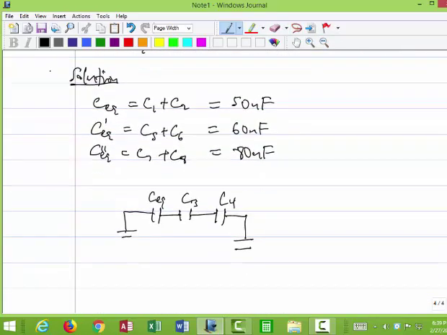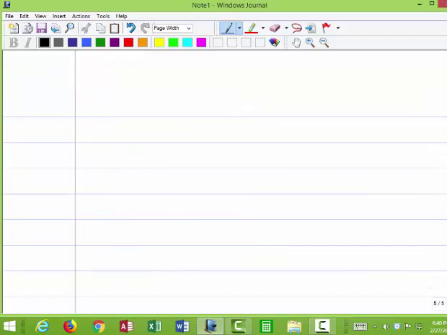That will be C equivalent prime, and then the other one there would be C equivalent double prime. So this is now your new circuit after you condense the parallel circuits. Okay, so we can now add those ones up because it's a series circuit.